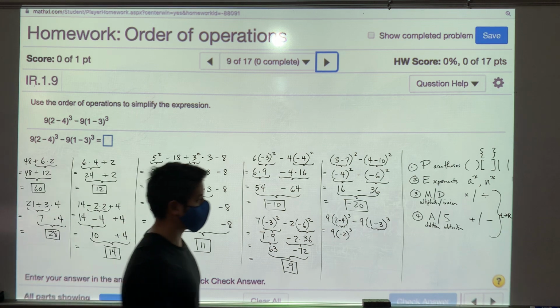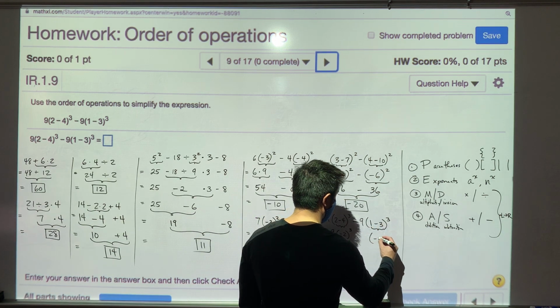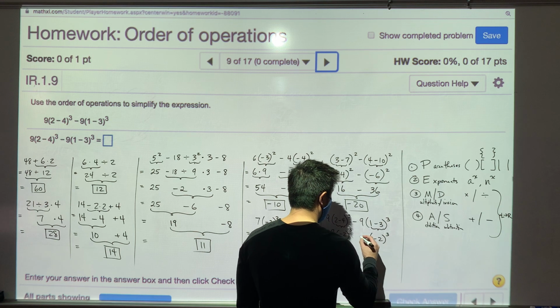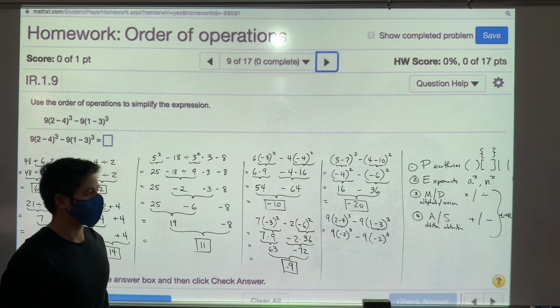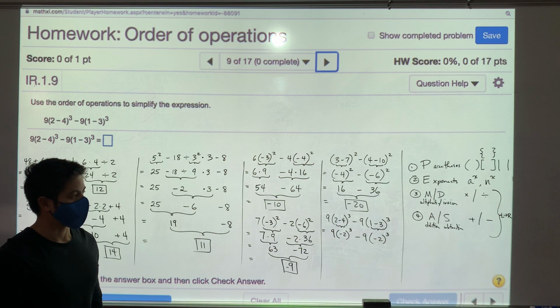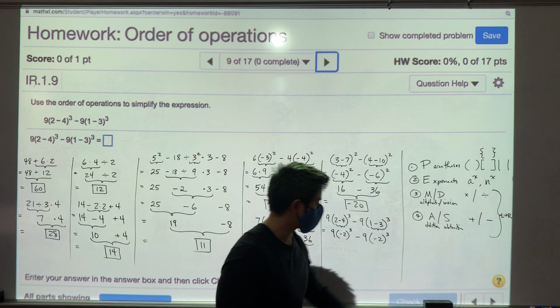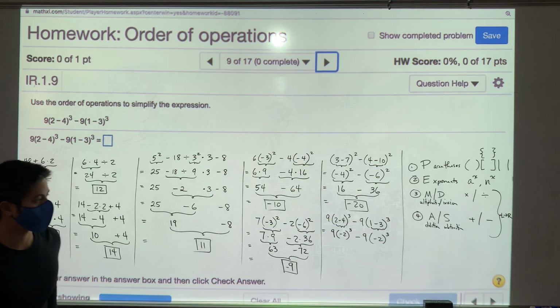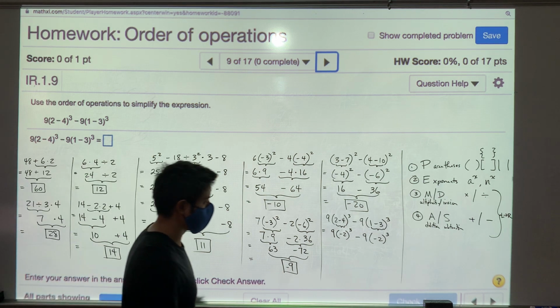Let's go do the other one. 1 minus 3 is also negative 2. Once again, I'm going to bring down everything that should be attached to it that I couldn't really work on. Are there any questions about that first step? Okay, let's go on to the next one.